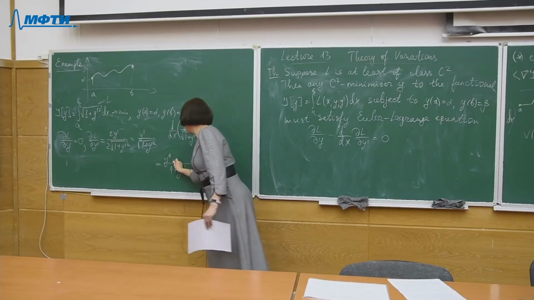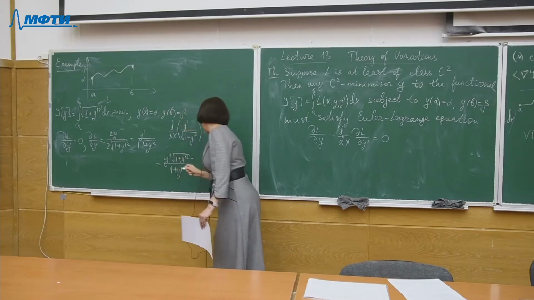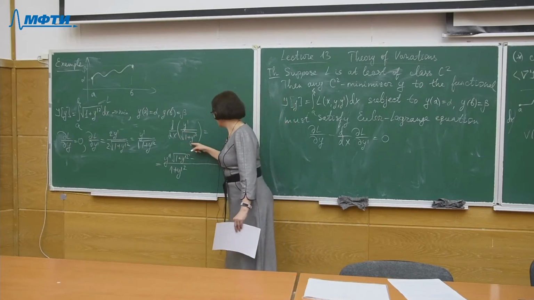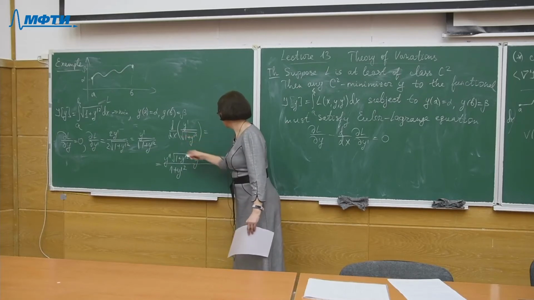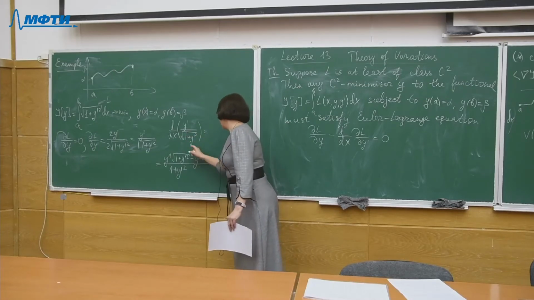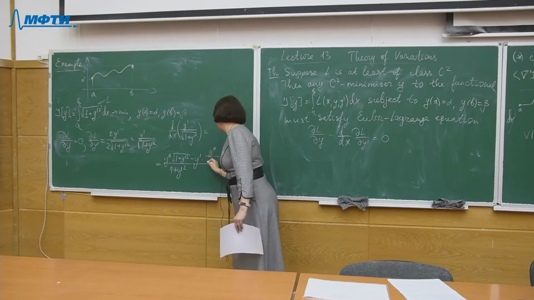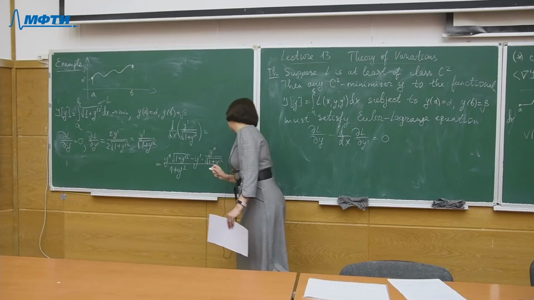Yes, times minus. Minus what? So we must take y prime and differentiate this. Okay, and this will be y double prime over root 1 plus y prime squared.